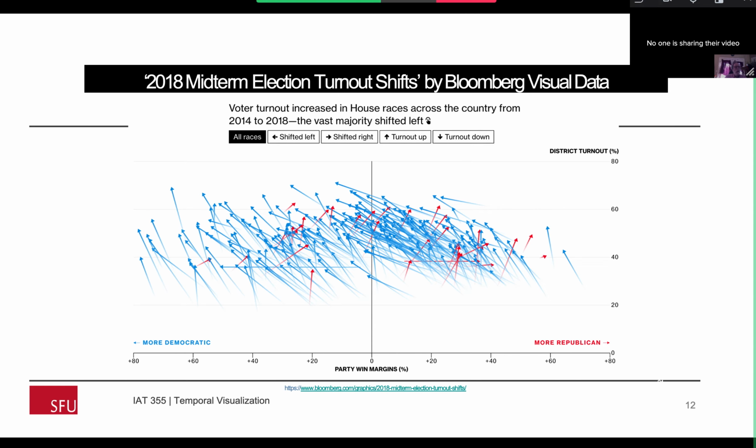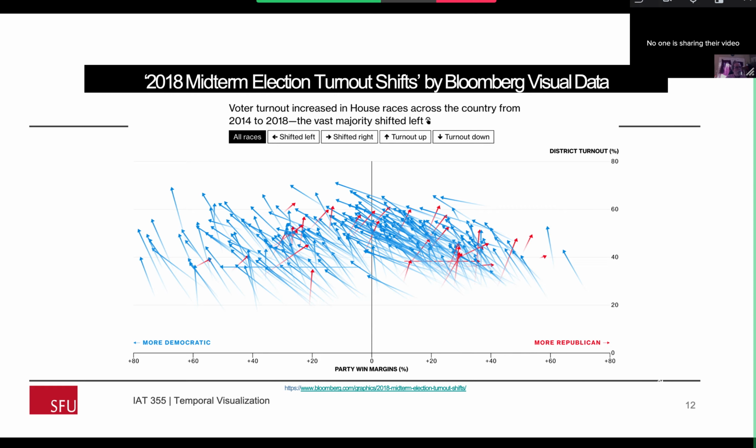And so here, this is intended to be something like 450 odd U.S. House of Representatives races in the U.S. Congress, showing how changes occurred in voting patterns and how the margin of the win shifted from the year 2014 to the year 2018.